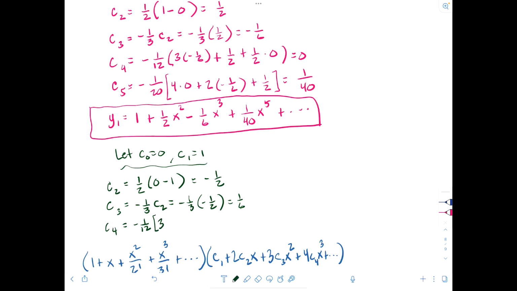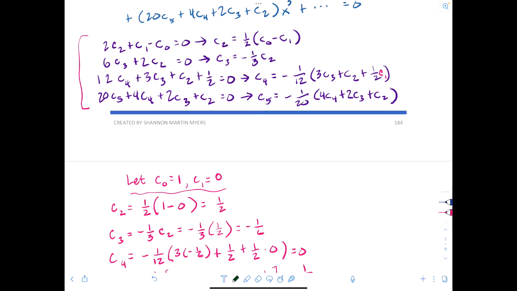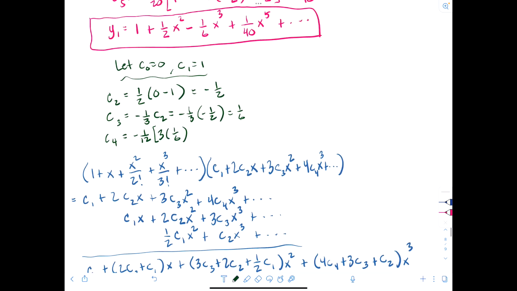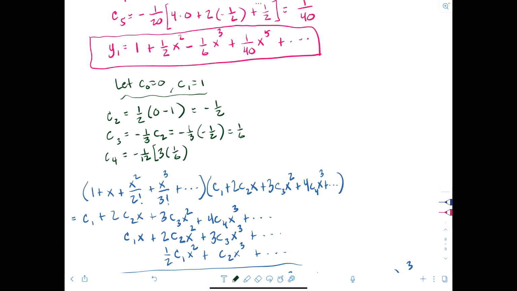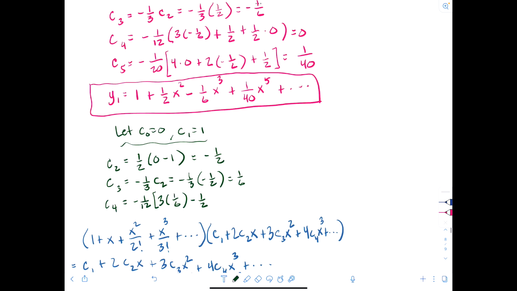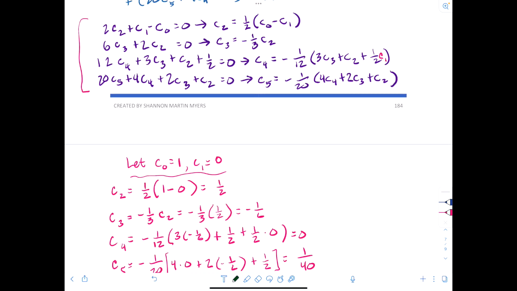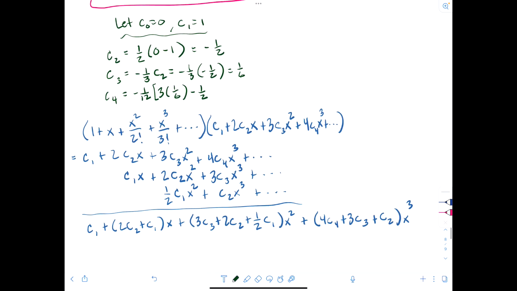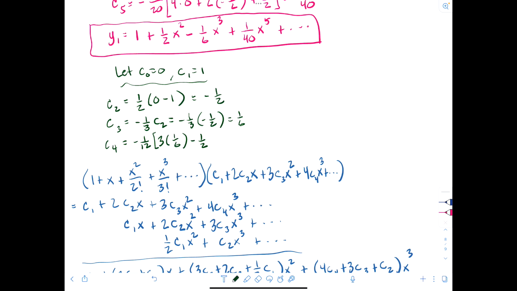We've got 3 times C3, which is +1/6 this time. And then, let's check back, C2. So what is C2? It's -1/2. And then 1/2 C1. And C1 is 1, so we'll have +1/2. So the 1/2s will zero out. I'll be left with a 1/2, so I'll get -1/24.